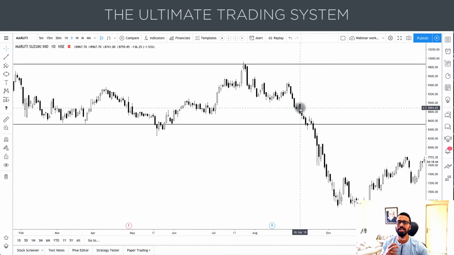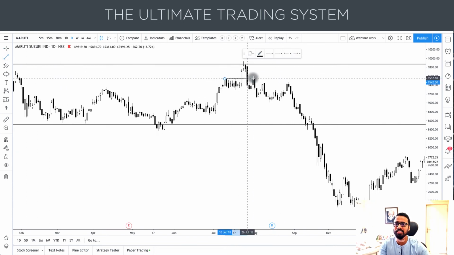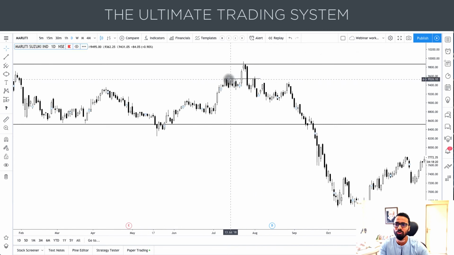Right now we're only talking about big white candles and big black candles breaking the support and resistance points, or a big black candle at the resistance point, or a big white candle at the support point. Now, once this is taken off, it tests. So you see this test here and then falls.